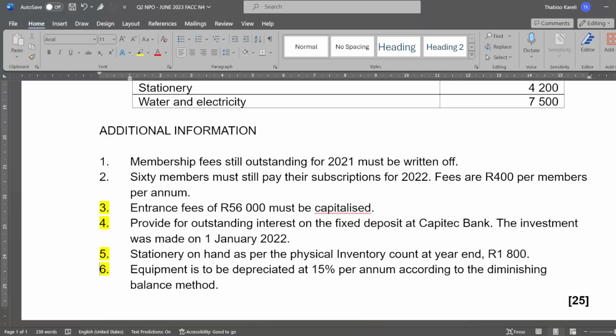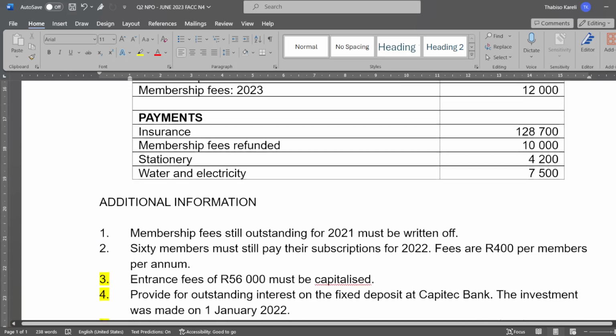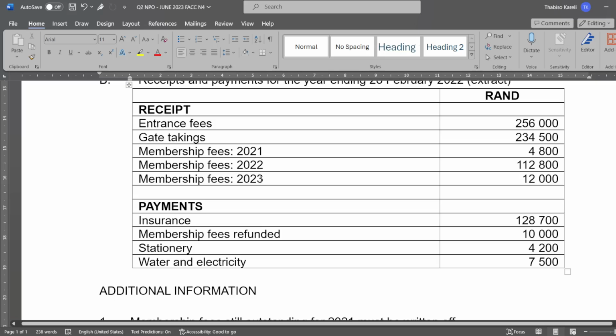Now, what have we not done? Now, from our question paper, we understand that there is also membership fees paid for 2023. There is also membership fees paid for 2023. And remember, we are currently on 2022. Therefore, it means these ones are received in advance. We have received these in advance.